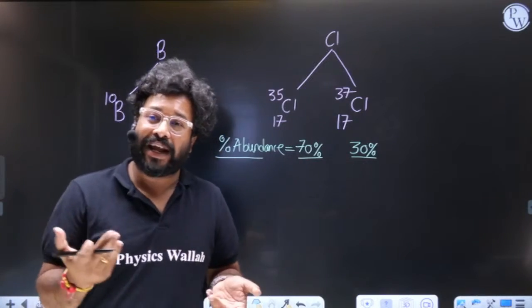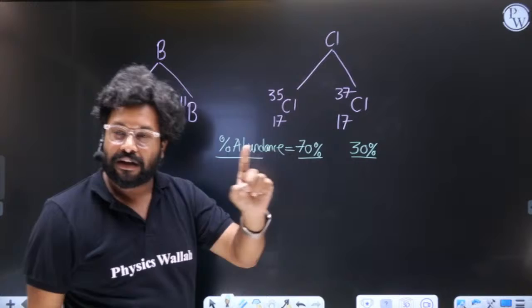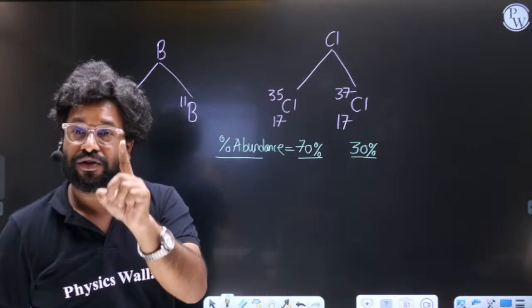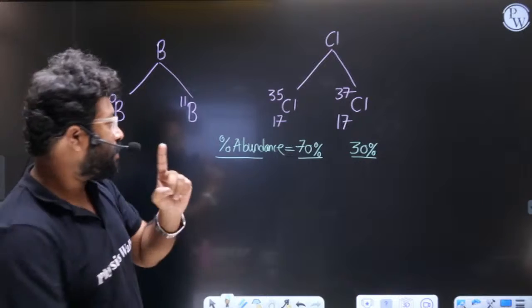So you cannot straightforwardly take the atomic mass of chlorine as 35. Here you need to take the average of the atomic mass.